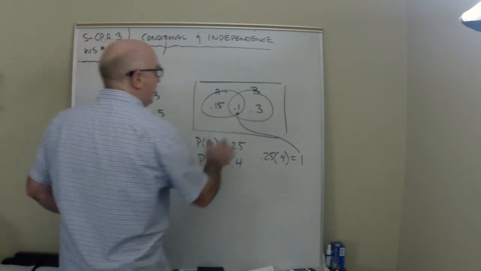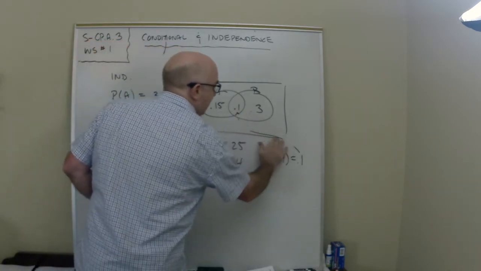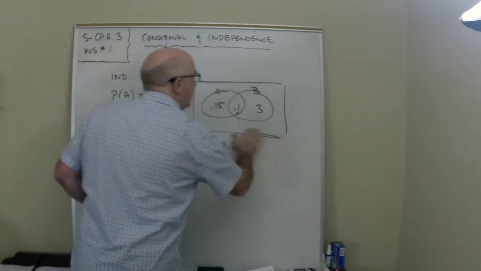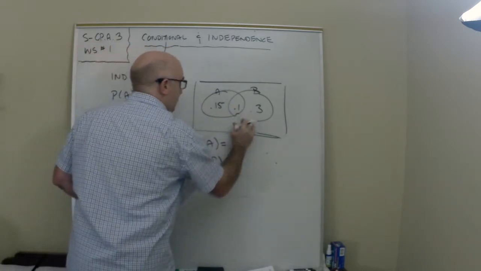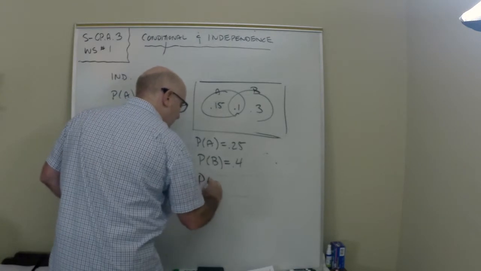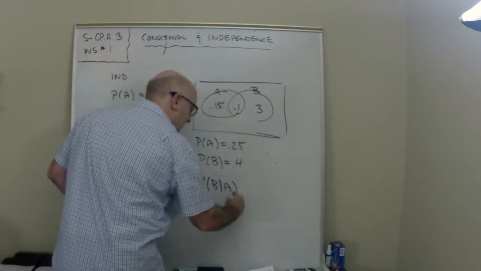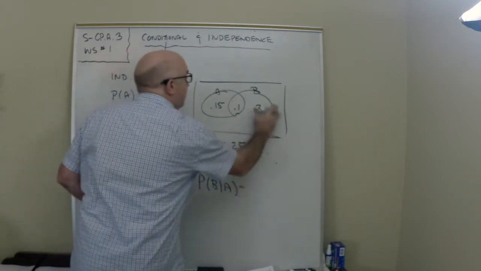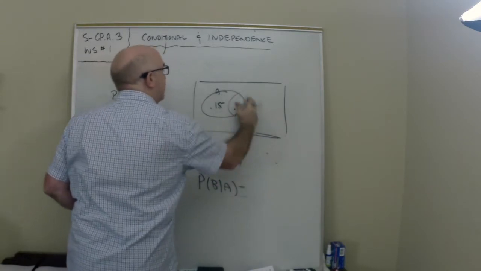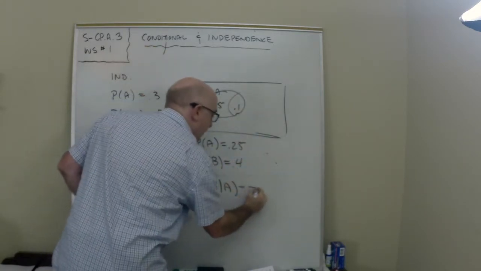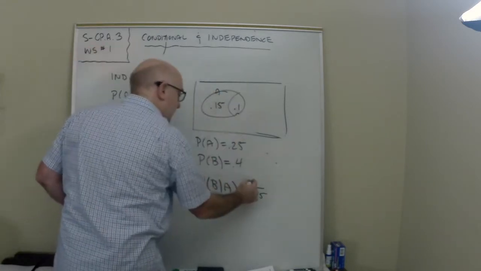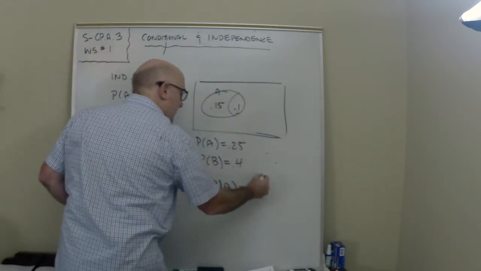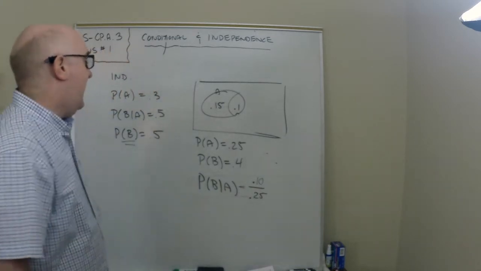Now here's another way to test it. What is the probability of B given that A has happened? So what's the chances of getting B now that A has happened? So let's write that down. Probability of B given that A has happened. Well, what that means is A has happened. All right, so here's A, 0.25, and the probability of B is 0.1, okay? And guess what?